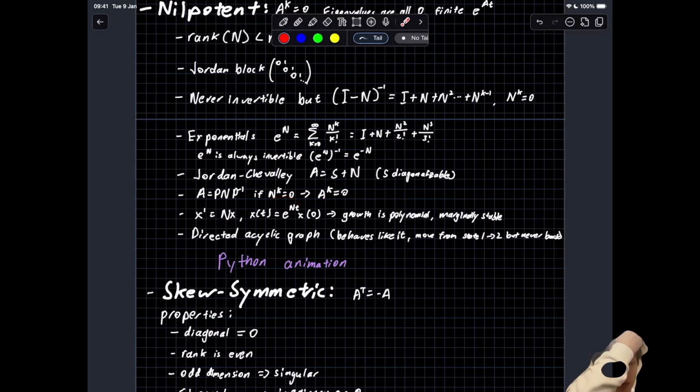So if n to the power of k is 0, then a to the power of k is also 0. And if the derivative of x equals the nilpotent matrix times x, then the growth is polynomial and it's marginally stable.